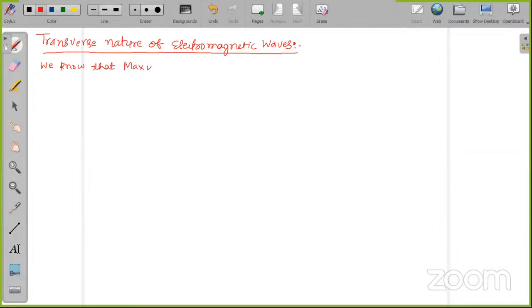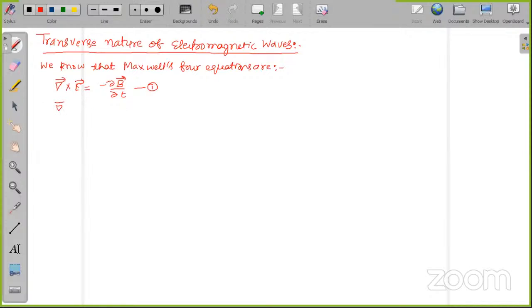Maxwell's four equations are, so I am going to write, you just confirm, do you know these? The first one was del cross E is equal to minus curly B by curly T. Is it okay? Have we discussed this?